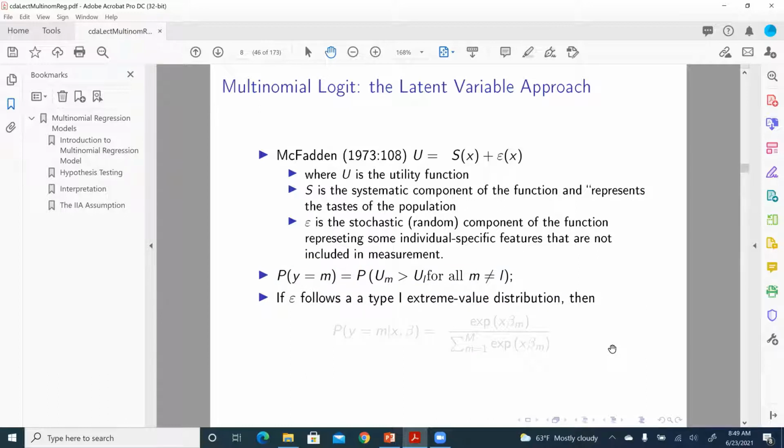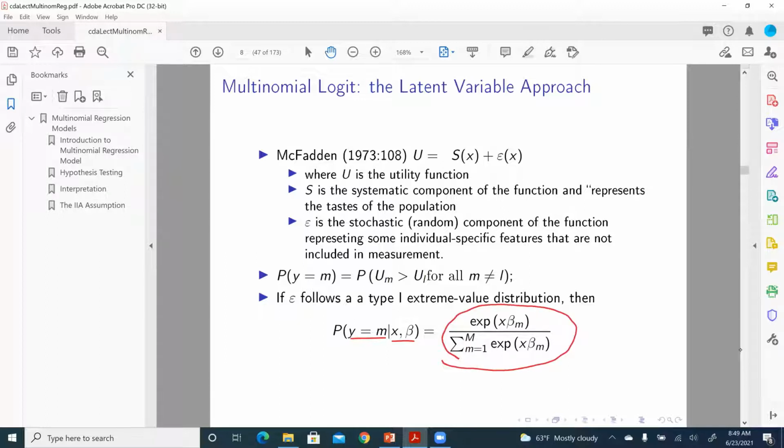And if epsilon follows a type 1 extreme value distribution, then the probability of making that choice, m, given x and beta, is equal to this ratio.